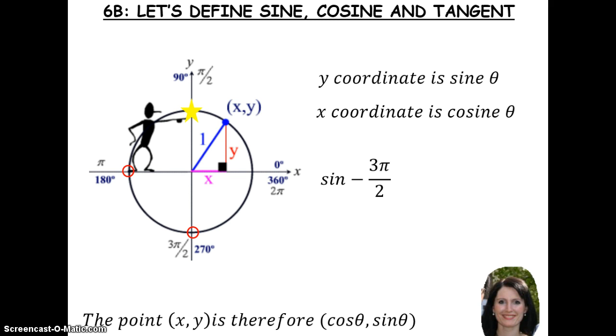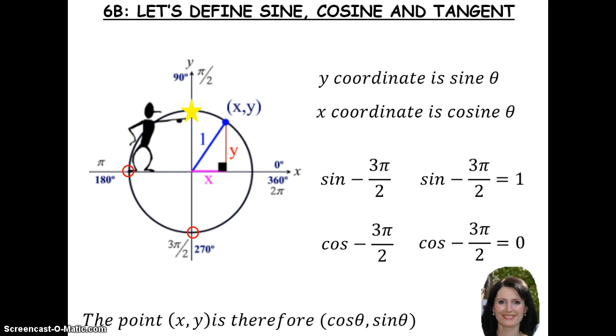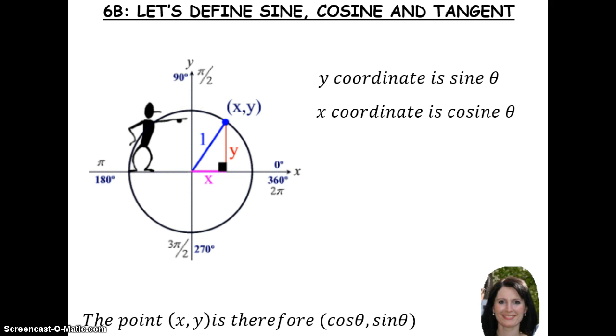That's -3 pi on 2. Notice we've gone the opposite way around the circle, so in the clockwise direction instead of the anti-clockwise direction. Sine -3 pi on 2, what would be our y value at that point? It would be 1. So sine -3 pi on 2 is 1. What about cos? We don't move left or right, so it means that cos -3 pi on 2 is 0.